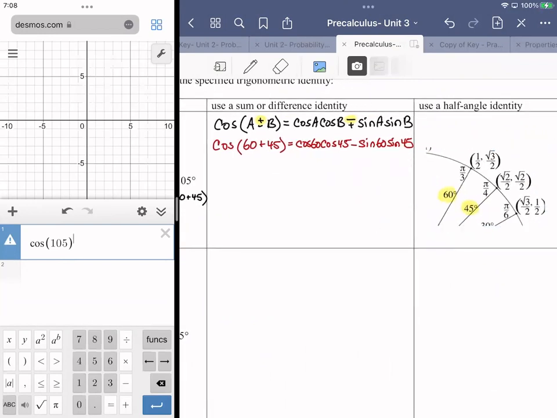All right. So remember, around the unit circle, the x value is cosine of the given angle and the y value is sine of the given angle. So for cosine of 60, I'm going to the 60-degree angle and identifying the x value, which would be 1/2.